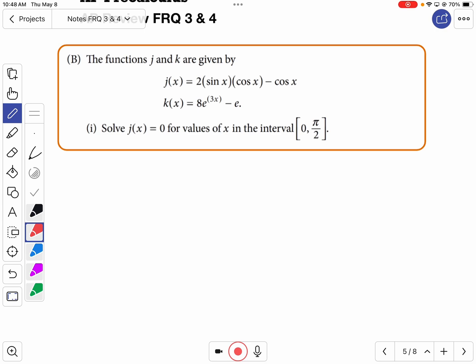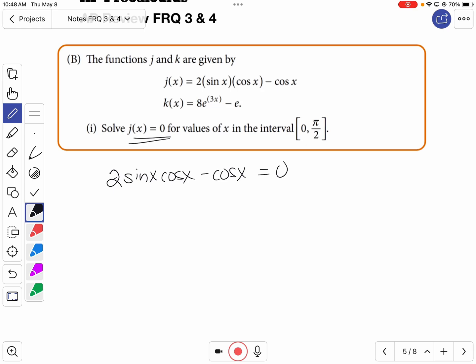So then we want to solve j of x on the interval from 0 to pi over 2. That means I don't need any plus or minus and pi's and k's and any of that mess, because they told me where to solve it. It's our trig function, and we want to solve it. So I have 2 sine x cosine x minus cosine x, and they want me to solve it equal to 0.